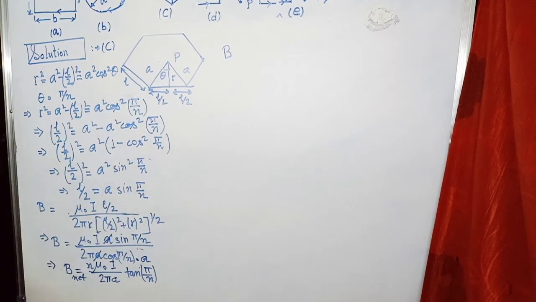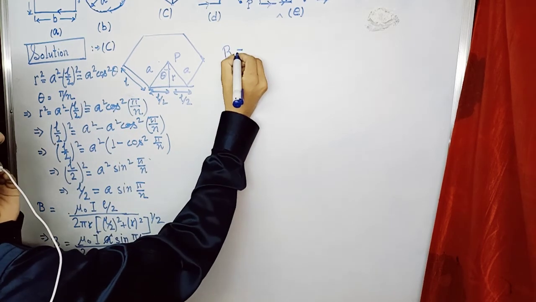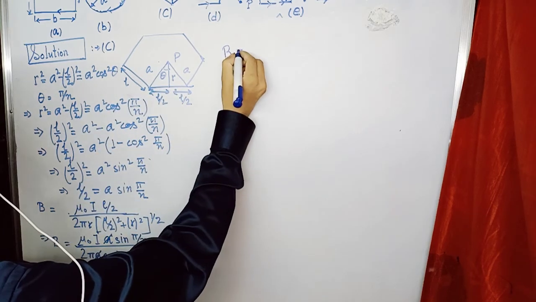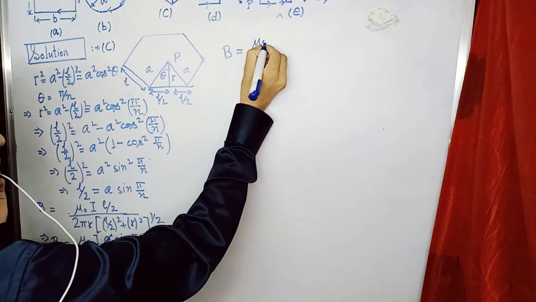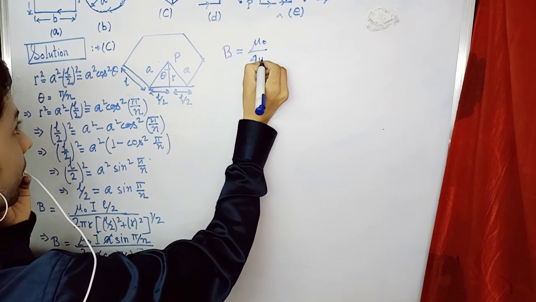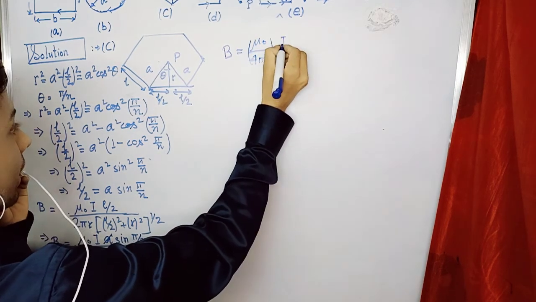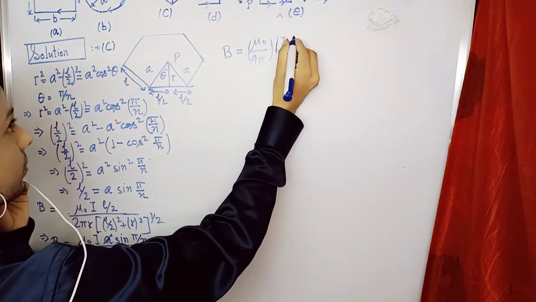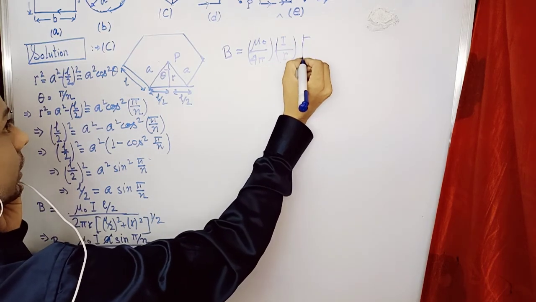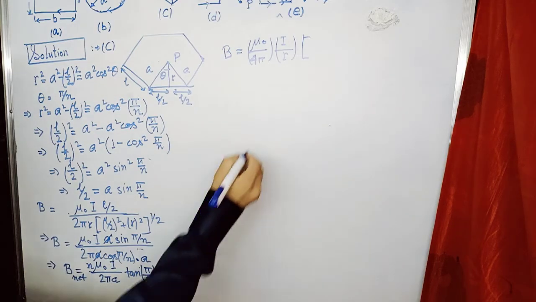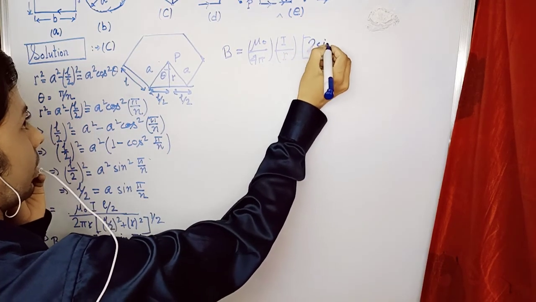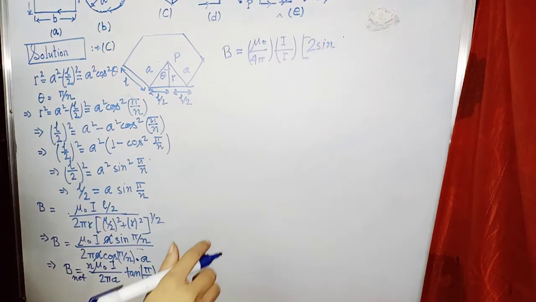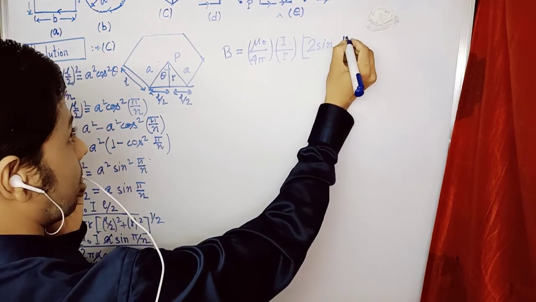As a second method, we can write the magnetic field produced by one side is equal to B equal to mu naught divided by 4 pi, I divided by R into sin theta plus sin theta, that is equal to 2 sin theta, and the value of theta is mentioned here as pi divided by n.